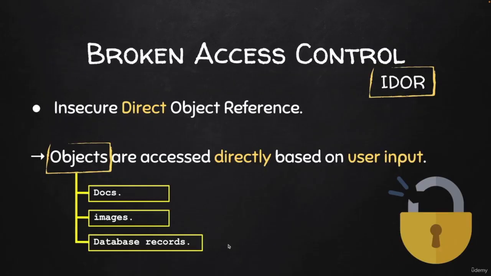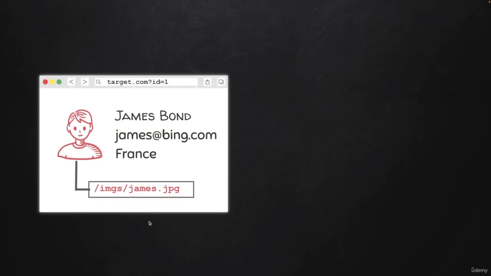Now, as mentioned earlier, IDORs are not limited to database records. You could use them to directly access documents and images that are supposed to be private, that do not belong to us. So an example in here, assuming that the web application directly loads the profile picture from a path that is called images/james.jpg, and assuming that this picture is private, it shouldn't be visible to all users.